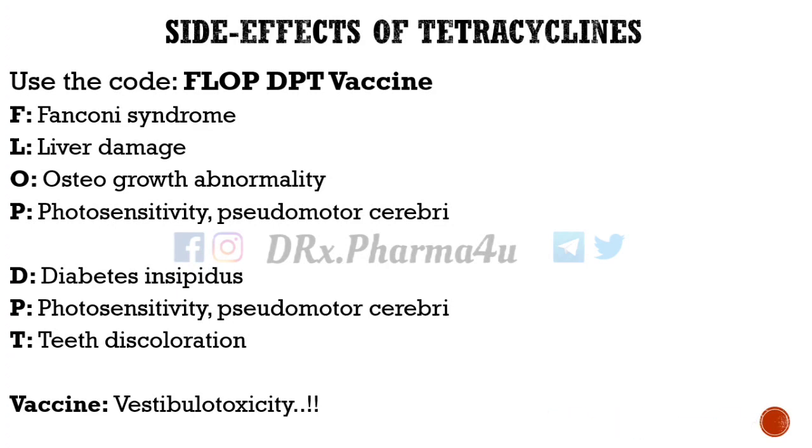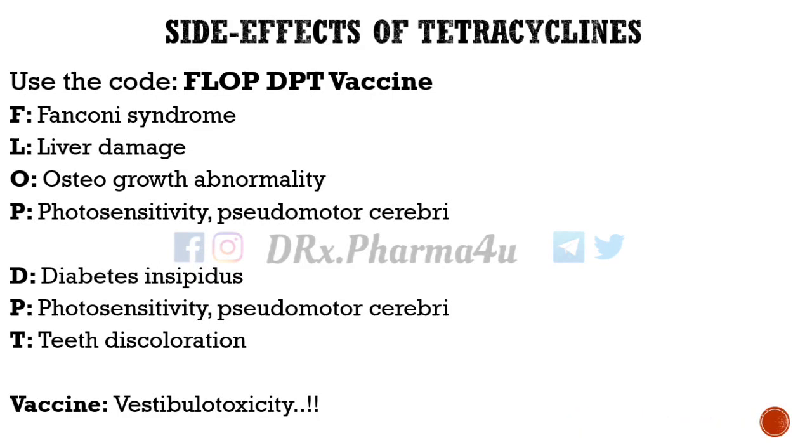D stands for diabetes insipidus, because demeclocycline is good for SIADH. So it will actually cause increased outflow of urine. What is the function of ADH? Antidiuretic hormone usually helps in preventing the elimination of fluid from the body.